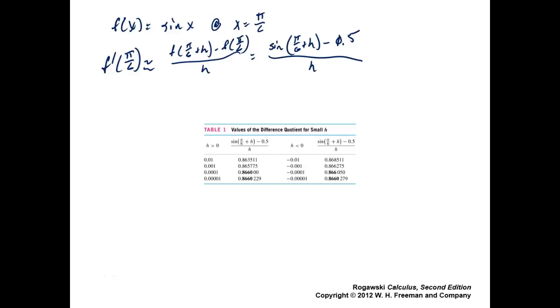So sine of, and then you're going to need to find the pi key, pi divided by 6. And by the way, when you do the sine, most of the time the parentheses opens up. So it's pi divided by 6, and then plus 0.01. Close that parentheses, minus 0.5, divided by 0.01.